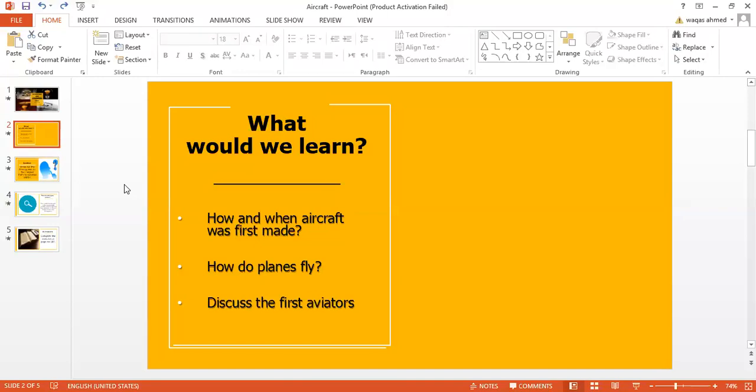Aircraft was an astonishing invention, to be honest. A long, long time ago, scientists tried to find ways to fly like birds in the skies. Many scientists tried, most of them failed, and some succeeded.